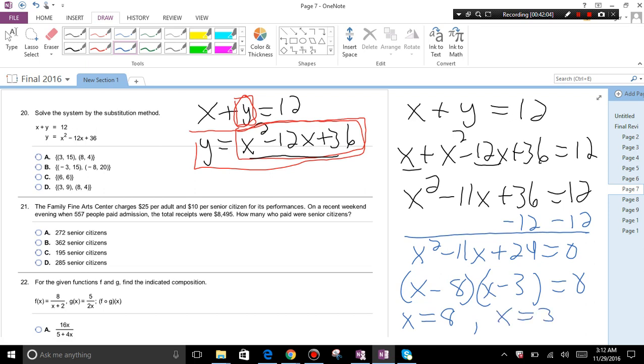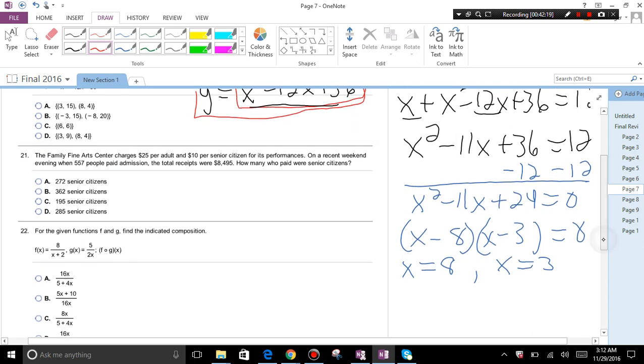Now I need to go back and find the y coordinates. You just have to be paying attention. Remember that x plus y equals 12, so they have to add up to 12. If x is 8, then x plus y being equal to 12 forces y to be 4.